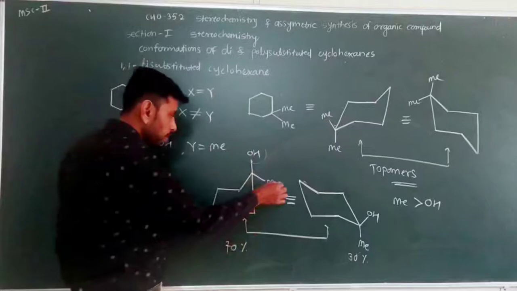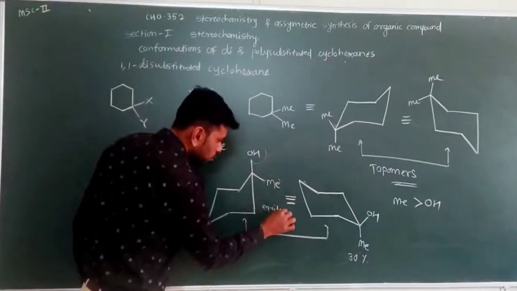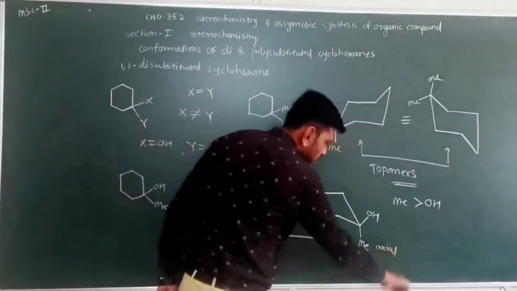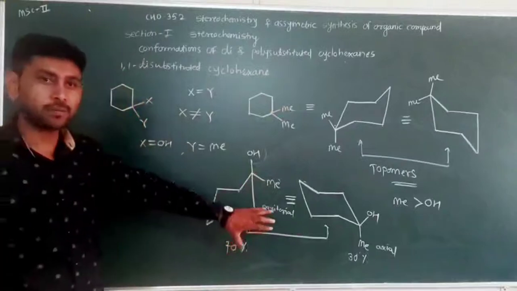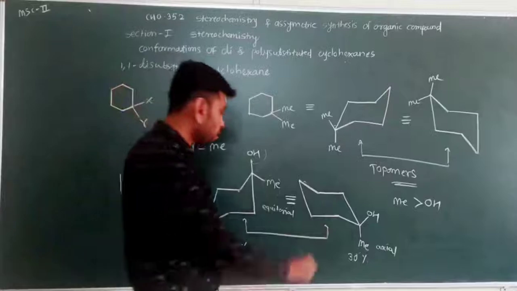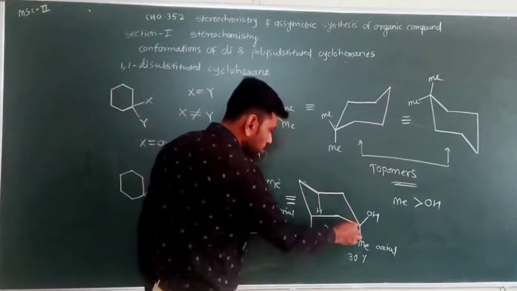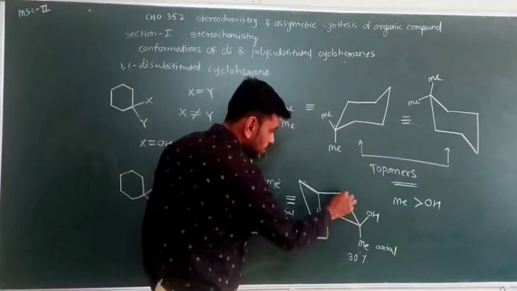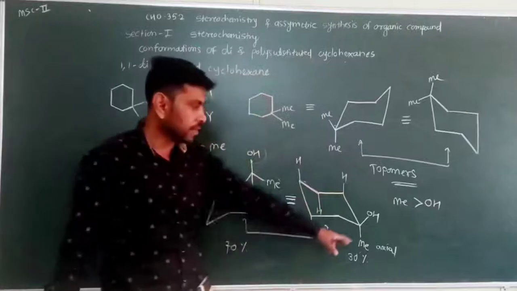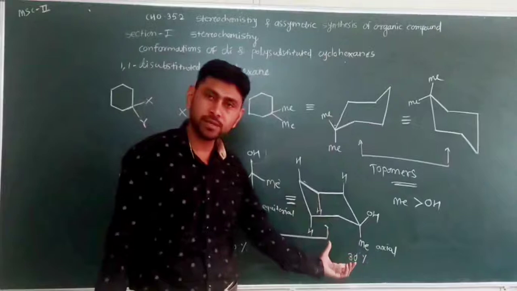Here the bulkier group is at the equatorial position in one structure, and at the axial position in the other. When the bulkier group is at the axial position, there are more interactions with the axial hydrogens. These axial hydrogens interact with the methyl hydrogens, and the stability of the structure decreases.